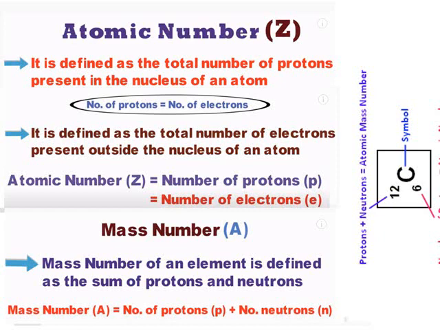So carbon has 6 protons, therefore it will have 6 electrons. And how many neutrons will it have? 12 minus 6, again 6. So carbon has 6 protons, 6 electrons and 6 neutrons. Okay, now you have understood the concept of how to calculate atomic number and mass number from the number of protons, electrons and neutrons.